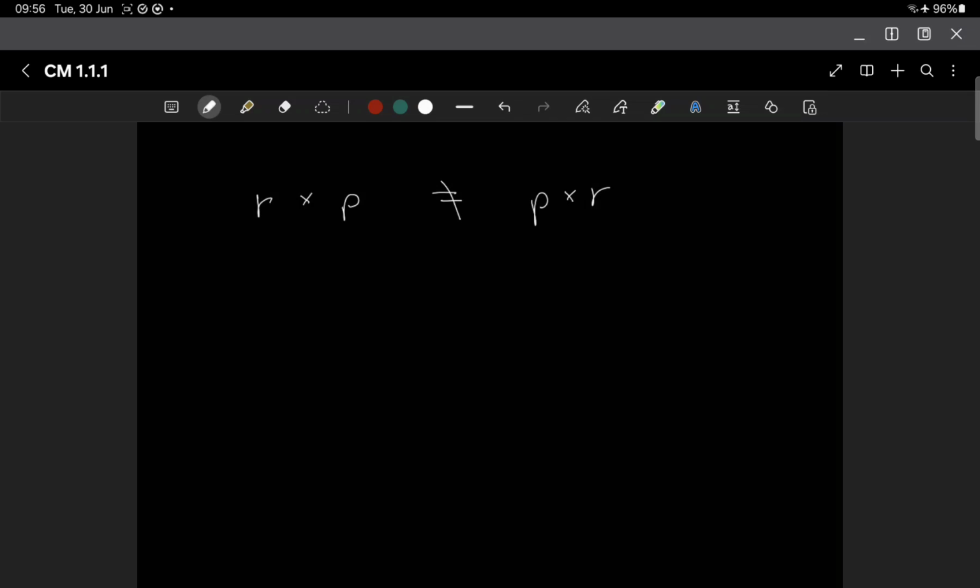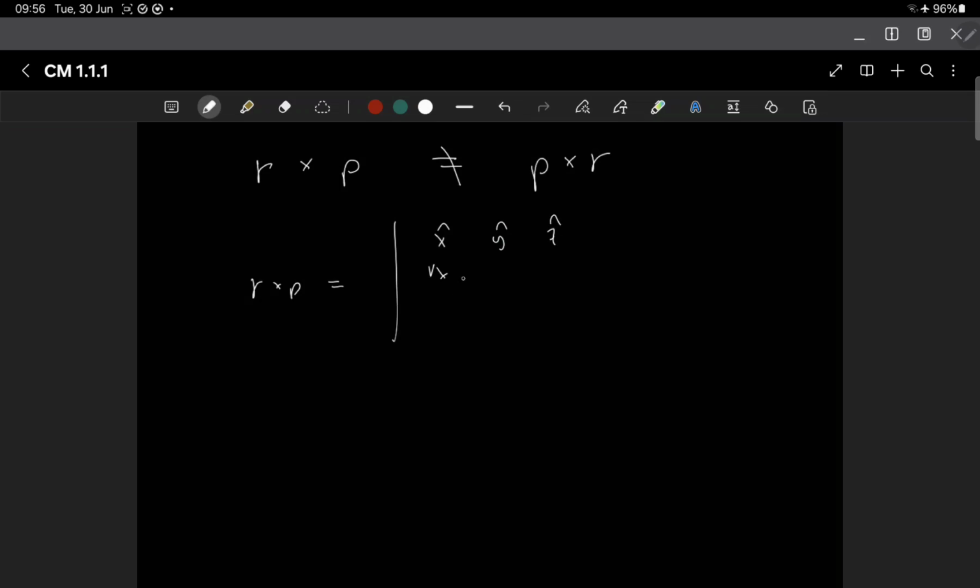So now, how do you take the cross product? I'm going to show that to you. The cross product is basically the following. R cross P is equal to the determinant of the unit vectors x, y, z, rx, ry, rz, px, py, pz.